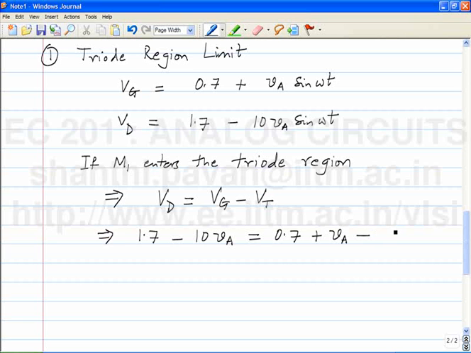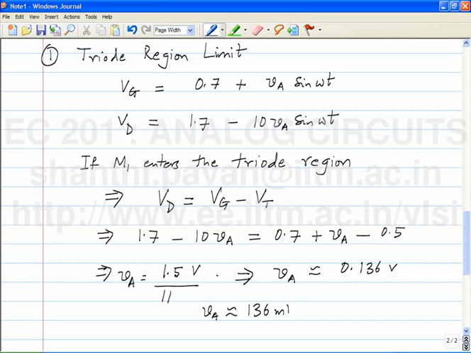And what is VT? 0.5 volts. Okay, which means then that 1.5 volts divided by 11 equals VA, which implies VA is about 136 millivolts.